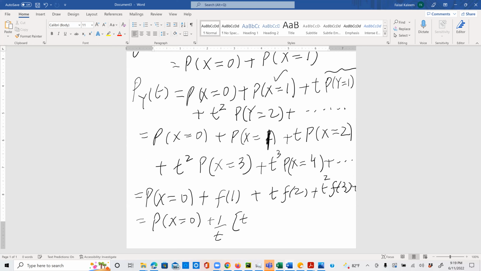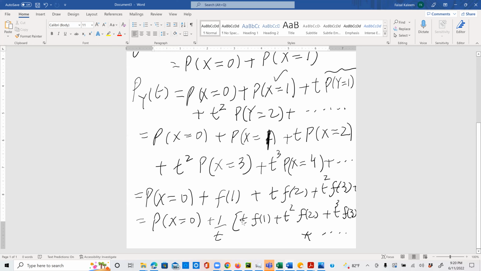And then this would become t f of 1 plus t square f of 2 plus t cube f of 3 plus so on. And that's what we wanted. Okay. So still we are missing one thing.